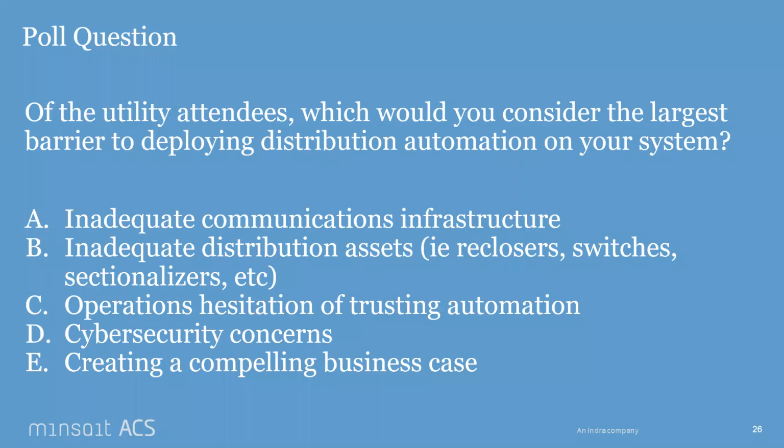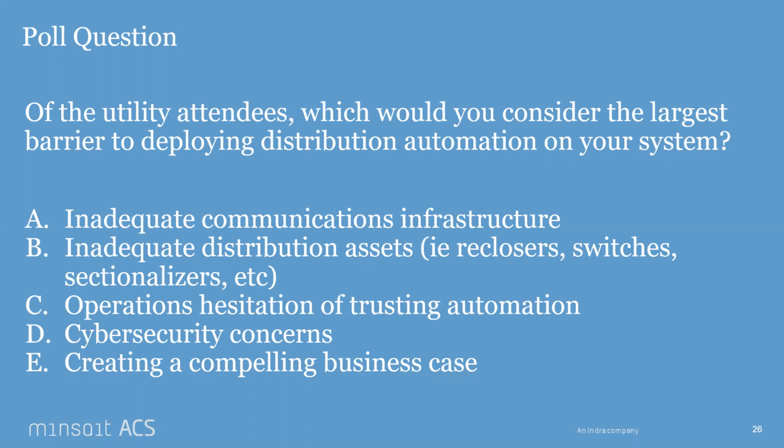Okay, so let's do another poll. So in just a second, you'll see a poll pop up. And again, of our utility attendees today, which would you consider the largest barrier to deploying distribution automation on your system? So would you say it's inadequate communications infrastructure, or perhaps inadequate distribution assets?